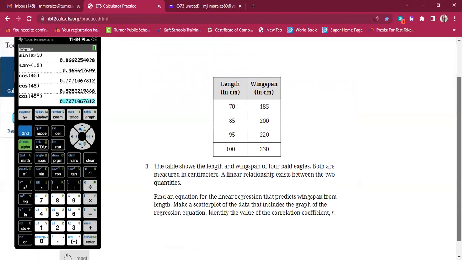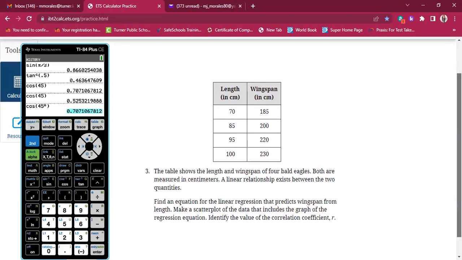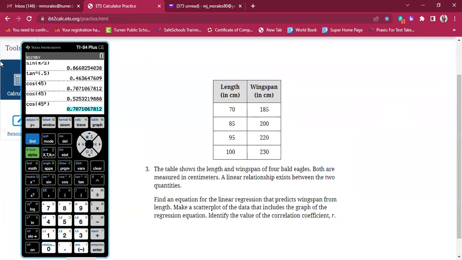Okay, what about this one? It says that the table shows the length and wingspan of 4 bald eagles. Both are measured in centimeters. A linear relationship exists between the two quantities. Find an equation for the linear regression that predicts wingspan from length.